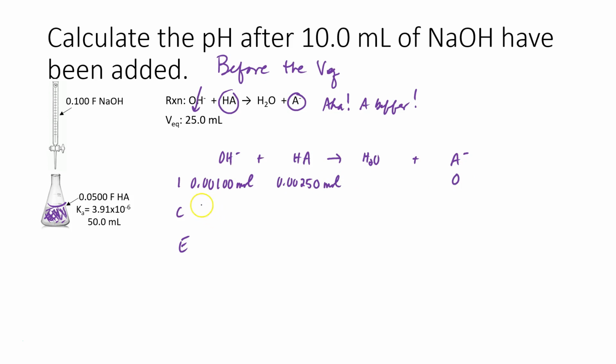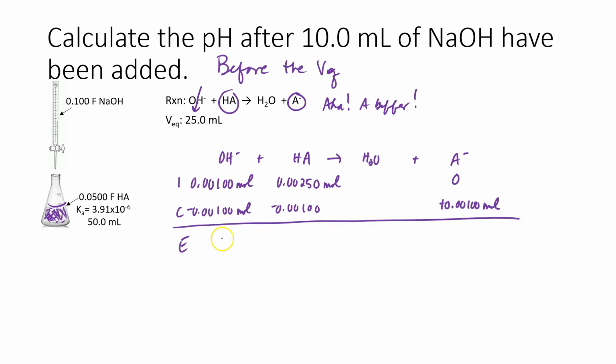Notice that OH- is your limiting reactant. You'll subtract those moles from reactants and add them to the products. So at equilibrium, OH- got consumed as we thought it would. We have a little bit of HA left, 0.00150.